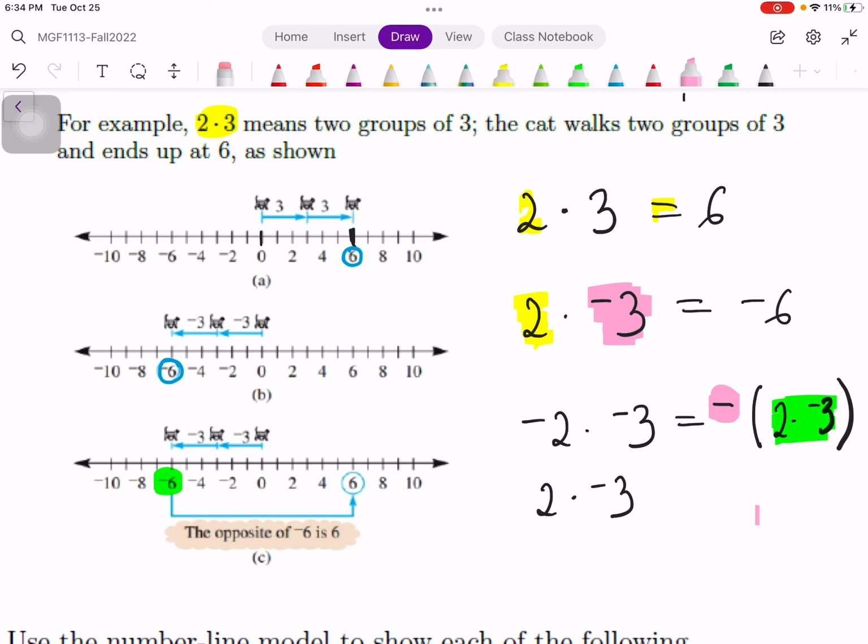So the opposite of -6 is 6, right? So the cat would then be transferred across the 0 to the other side of the number line. So the answer to that is +6.